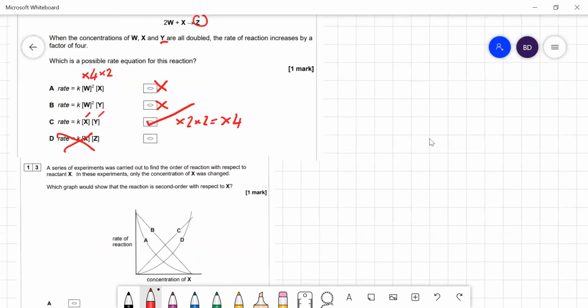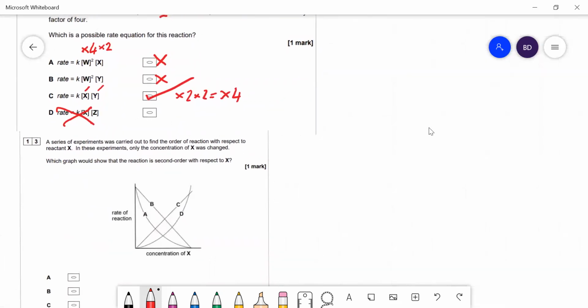Question 13. So you want to find out the rate order with respect to X. Now, you're only changing X. And you wanted to show that rate is equal to X squared.